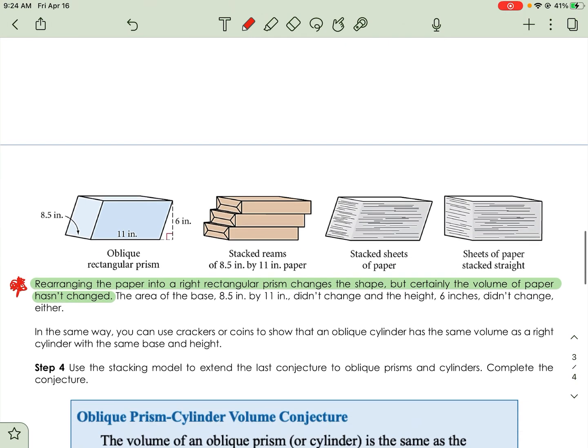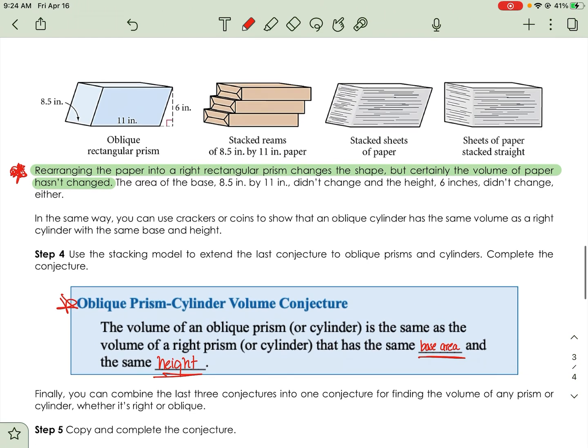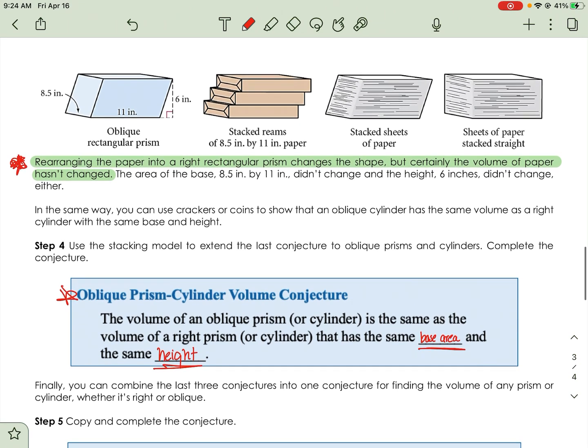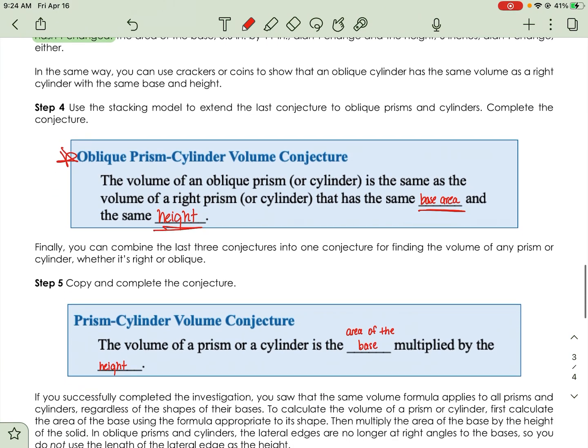So since the volume hasn't changed, what we can say is that the volume of an oblique prism or cylinder is the same as the volume of a right prism or cylinder that has the same base area and same height. So as long as the base is the same and the height is the same for those 2 objects, you can still find the volume of an oblique prism or cylinder by doing area of the base times the height.